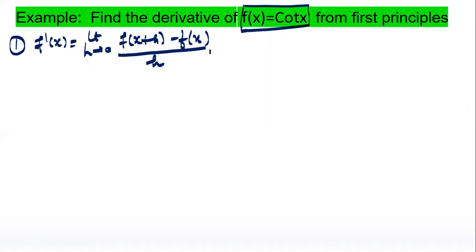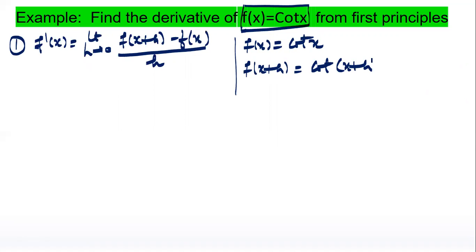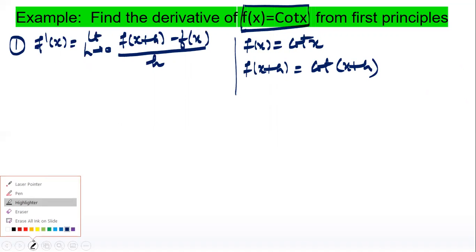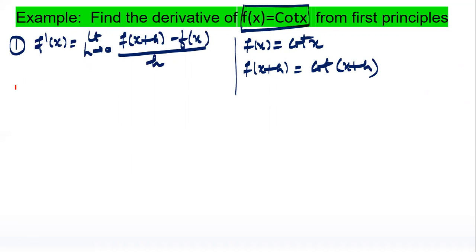Now substituting the value, we have f(x) equals cot x, so f(x+h) will be cot(x+h).